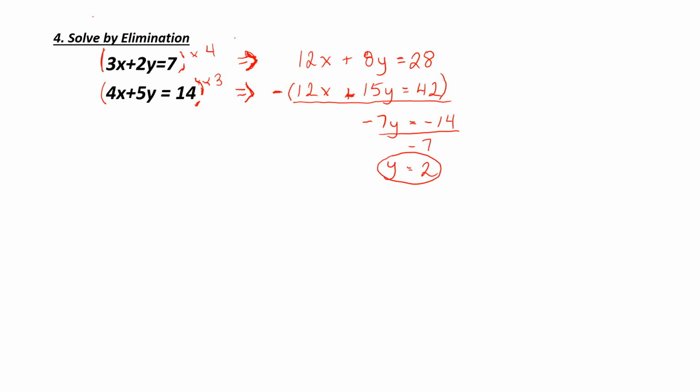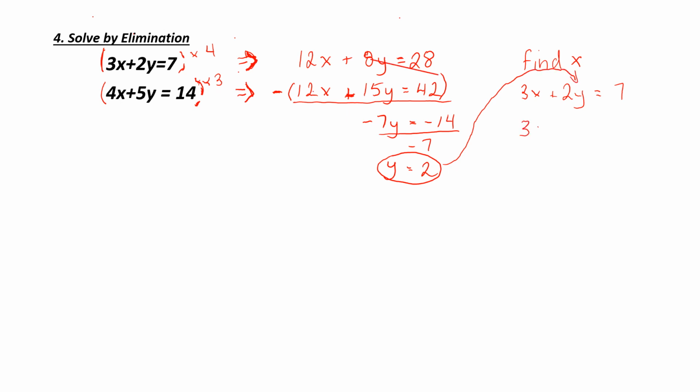I now need to find my x value. So, how do I find x? I am going to take one of my equations and substitute y back into it. I could, if this were a fraction answer, redo the elimination to eliminate the y to solve for x as well. So I'm going to pick the first equation. 3x plus 2y equals 7. And I'm going to take y is equal to 2 and substitute it back in.